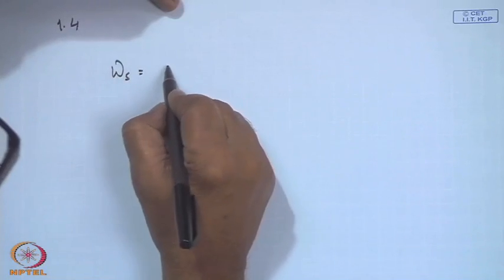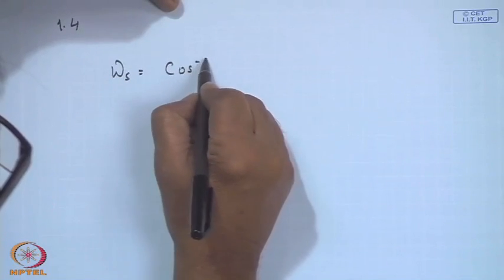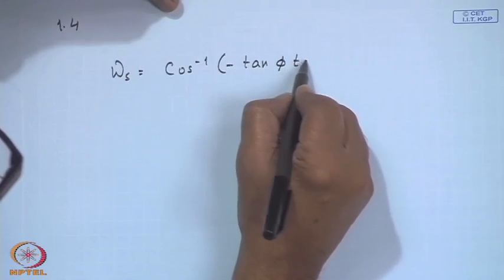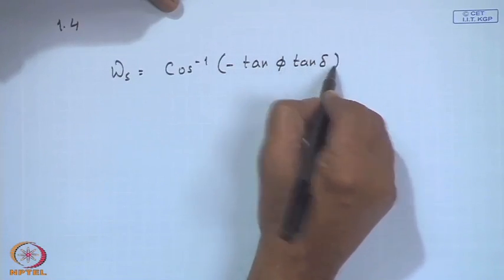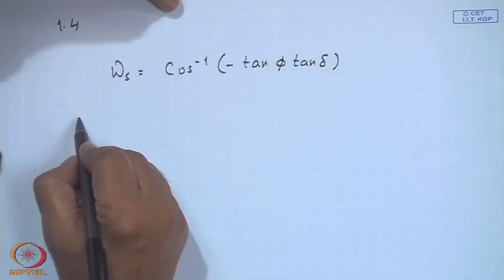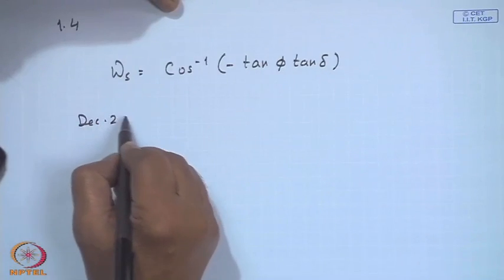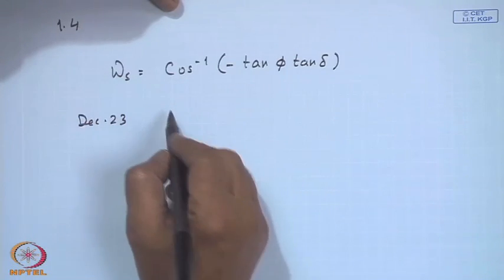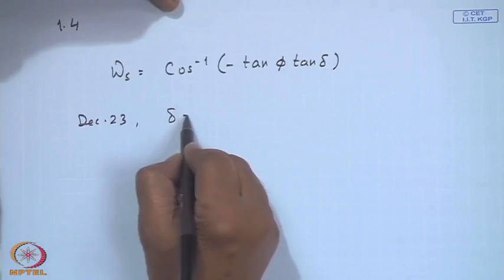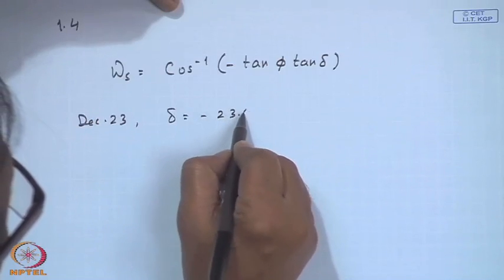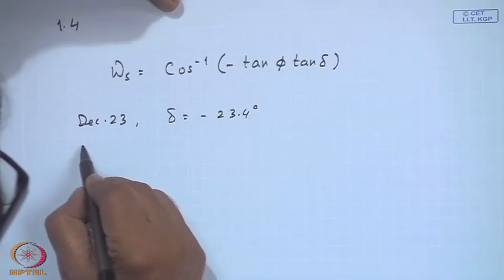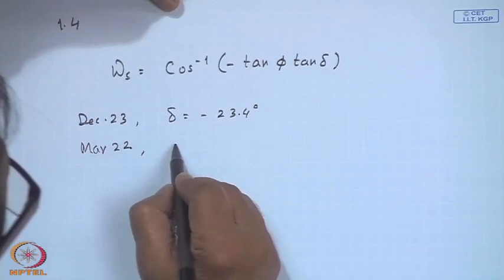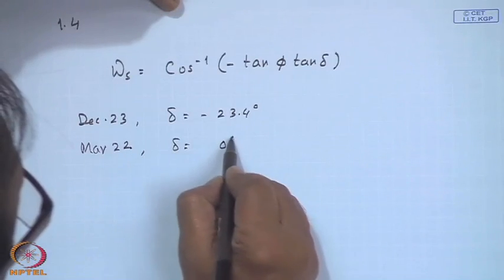So, sunset hour angle is nothing but cosine inverse of minus tan phi tan delta. And for December, do not worry about 21st or 23rd or 22nd. Okay. So, I will take it as delta minus 23.4 degrees, and March 22 to 0 degrees.